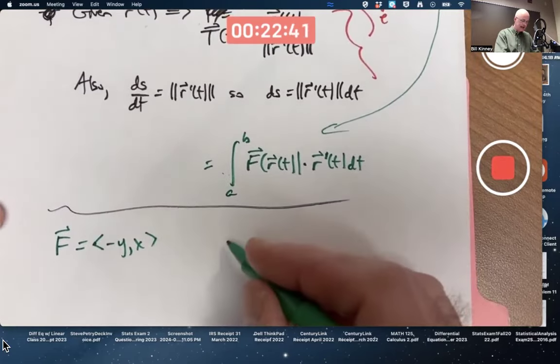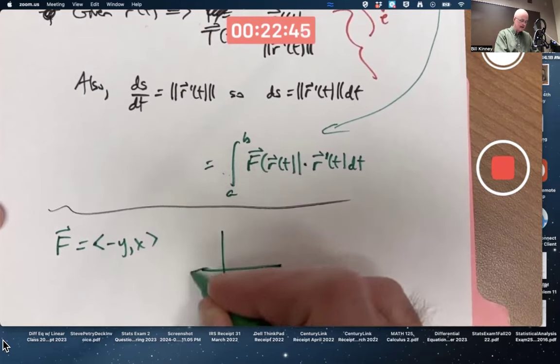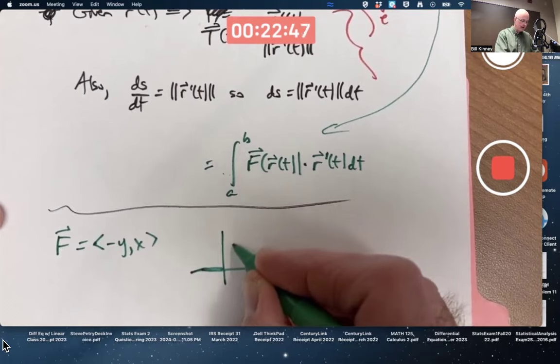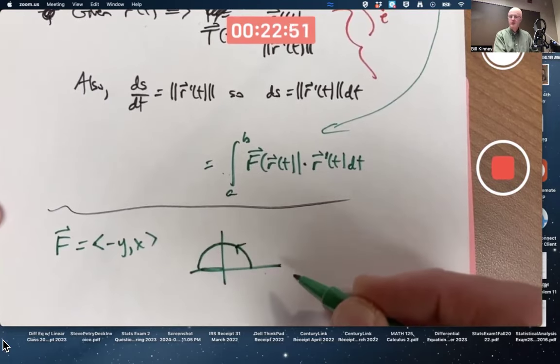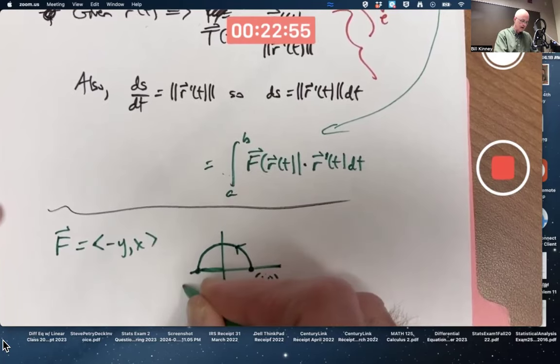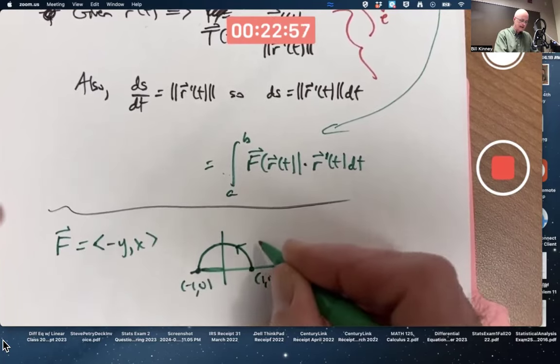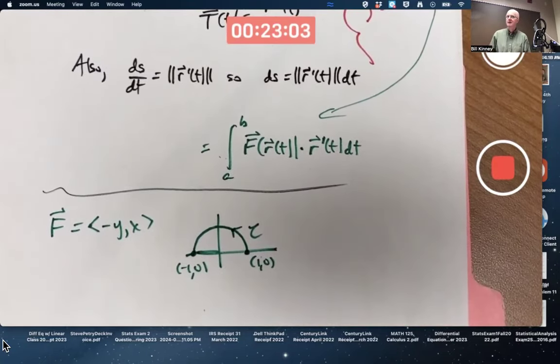And let's say the oriented curve that we're talking about is the upper semicircle of the unit circle, oriented counterclockwise. So there's 1, 0. Here's negative 1, 0. C is the upper half of the unit circle with the indicated orientation going counterclockwise.